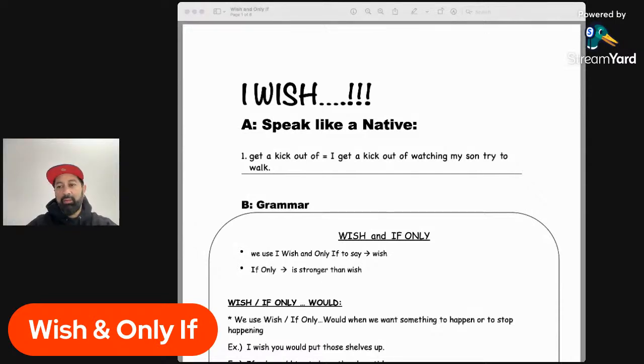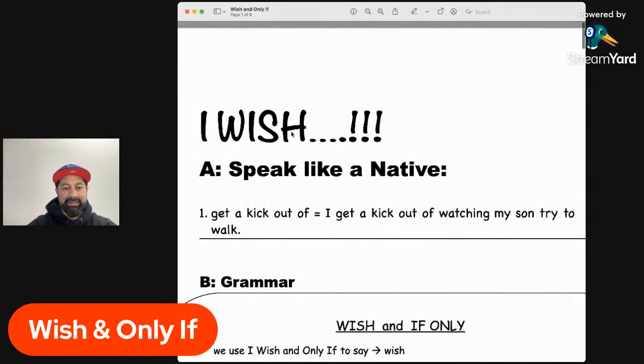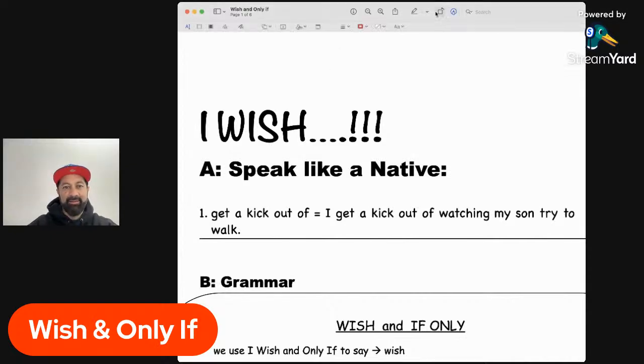While we're waiting for people to join, let's look at this speak like a native part. We can get some extra vocabulary while we wait. Today's slang phrase is going to be get a kick out of.